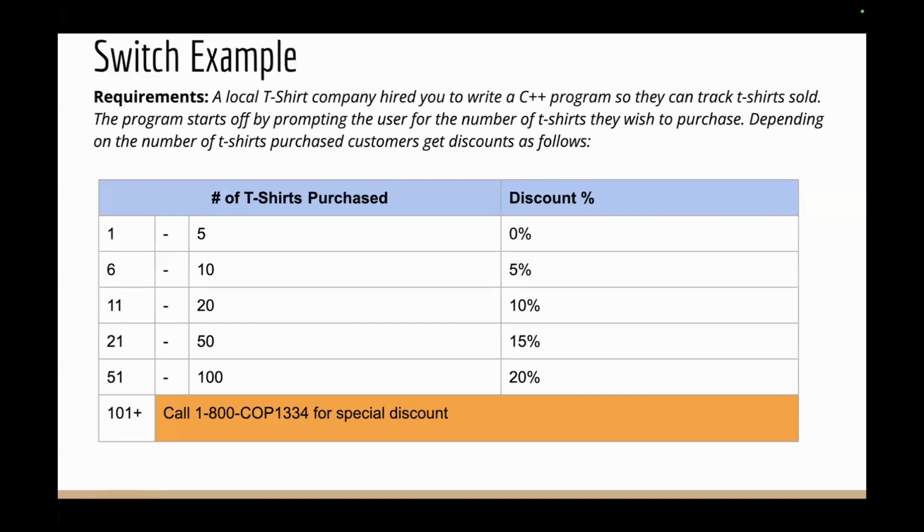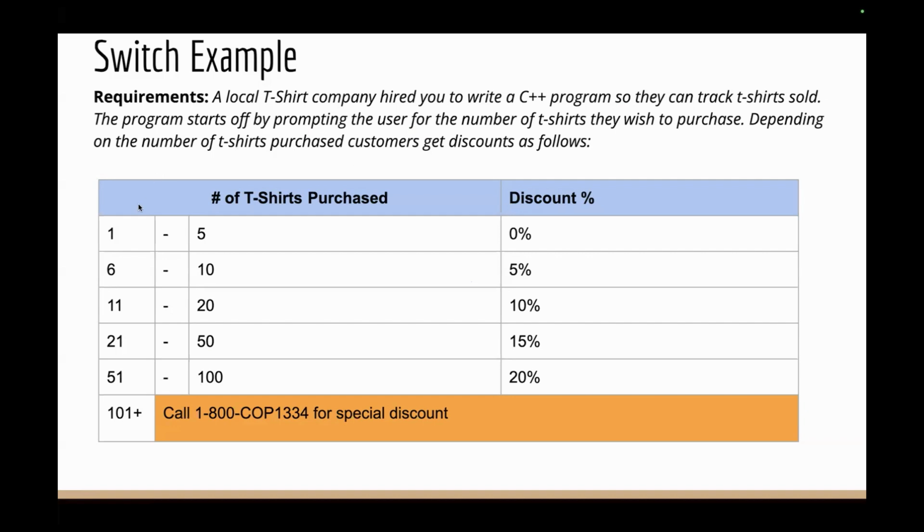Now, where is this useful? Okay. So look here. We have a local company that's hired you to write a program that's going to track their t-shirt sales. And they have certain discounts that they give to their customers.